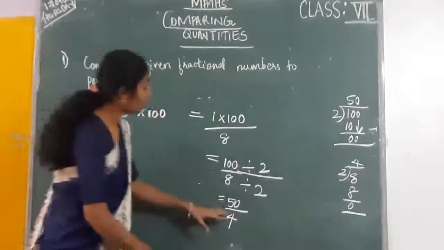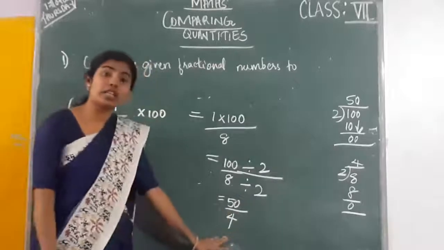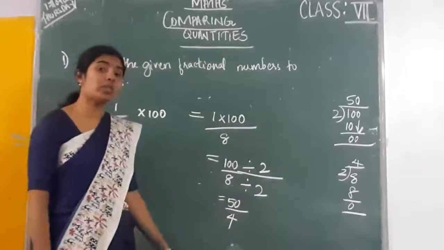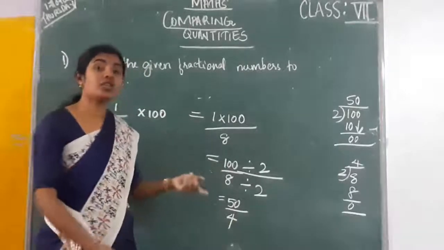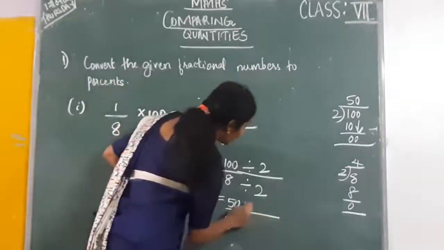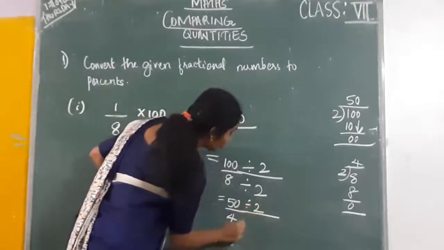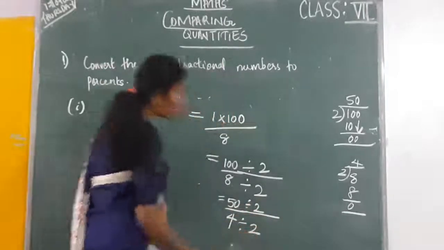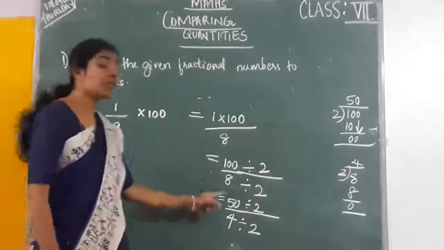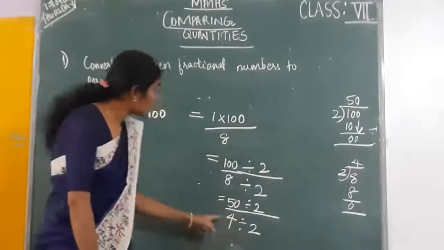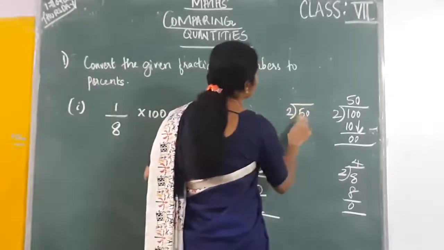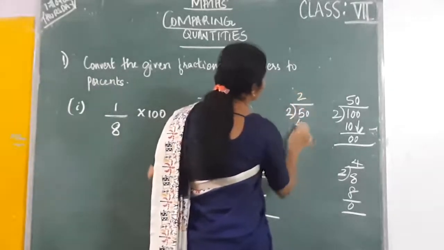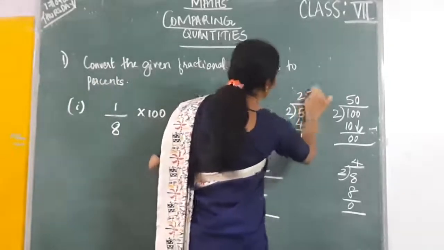Again, you see 50 divided by 4 you are getting. Both are in which table? Both are in the 2 table. Again you can do the cancellation. So divide it by 2, denominator also divided by 2. With the same number only you should divide. 50 divided by 2, what will you get? 25.